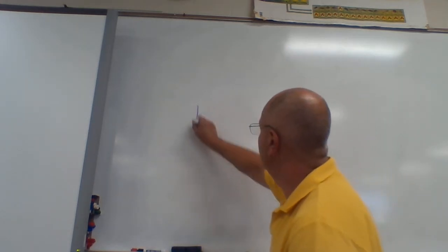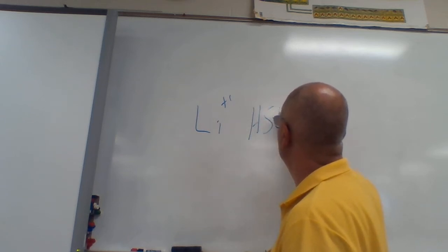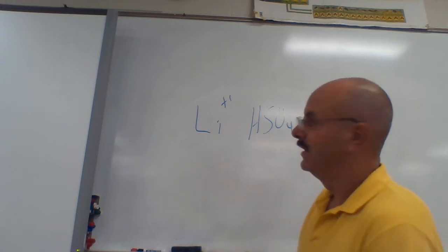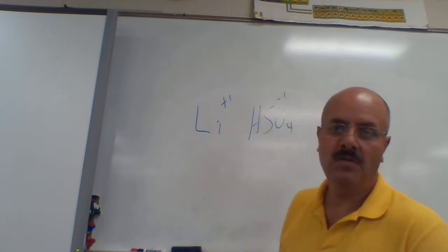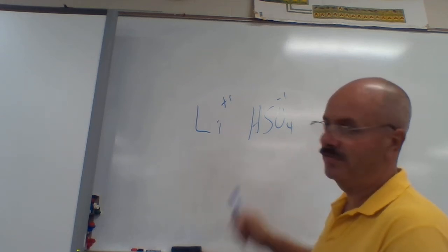So we have lithium, Li, he's a +1. And then we have hydrogen sulfate. Comes right off of that polyatomic ion chart. It's HSO4. And that's actually a -1. So those 2 charges cancel each other, so it's just going to stay that way. LiHSO4 is the formula.